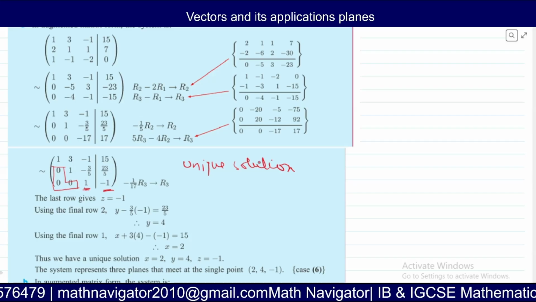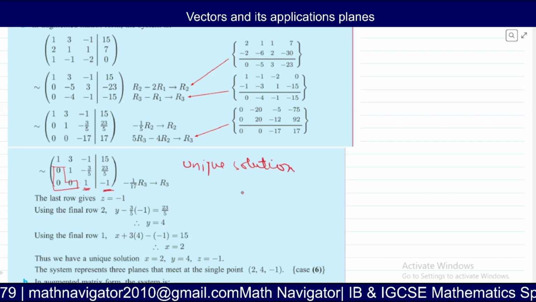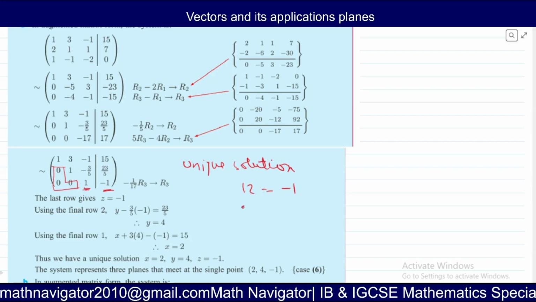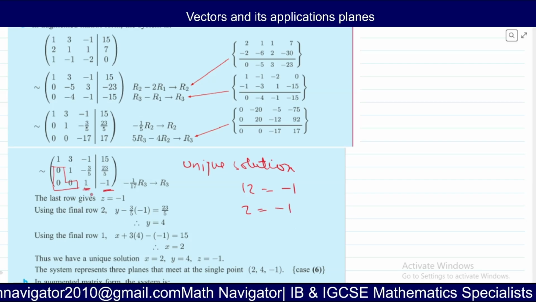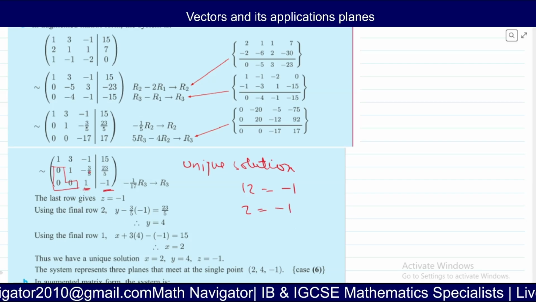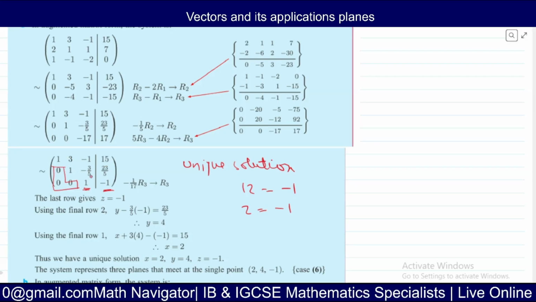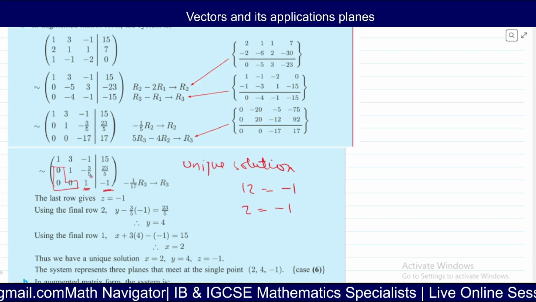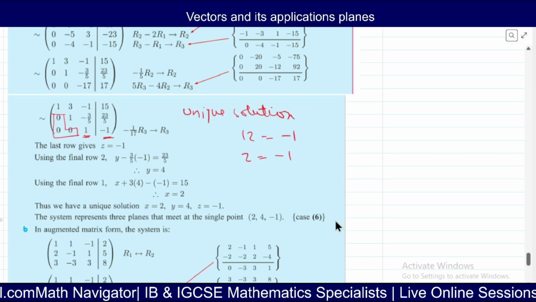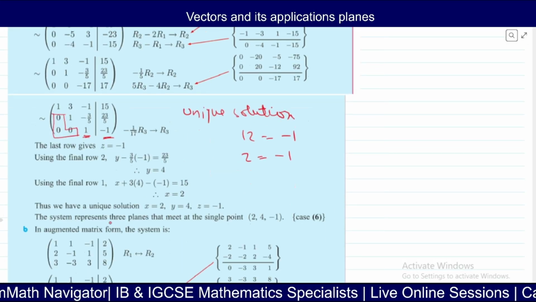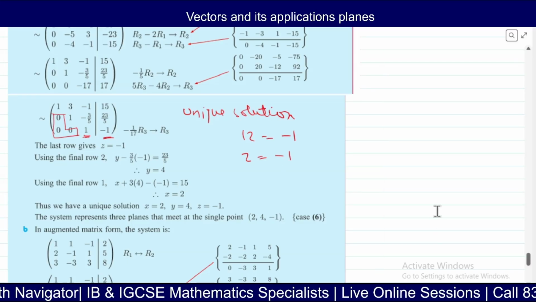When I've got the unique solution, I can write 1z is equal to -1, so z is equal to -1. Then you can substitute the value of z here and solve it, and then substitute the values of x, y and z in the upper equation and solve. Got it? So this is your unique solution. Let's move to the next equation.